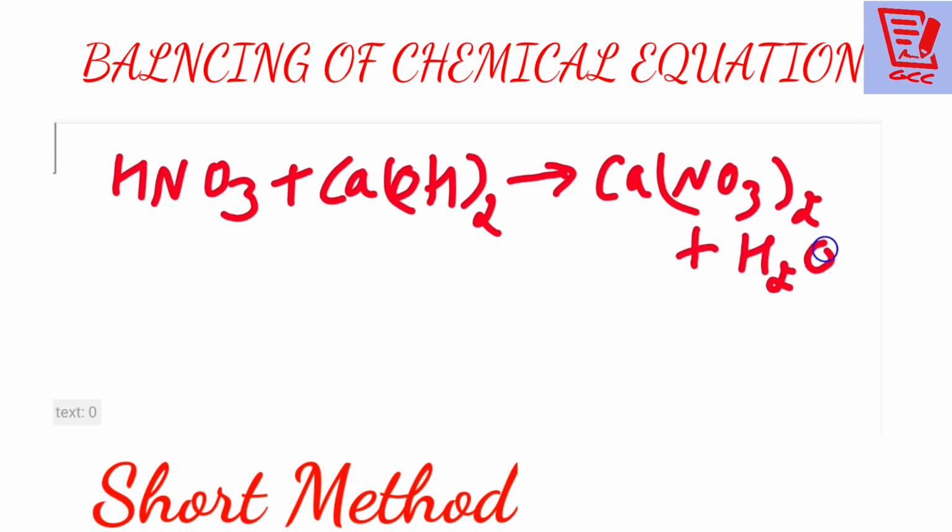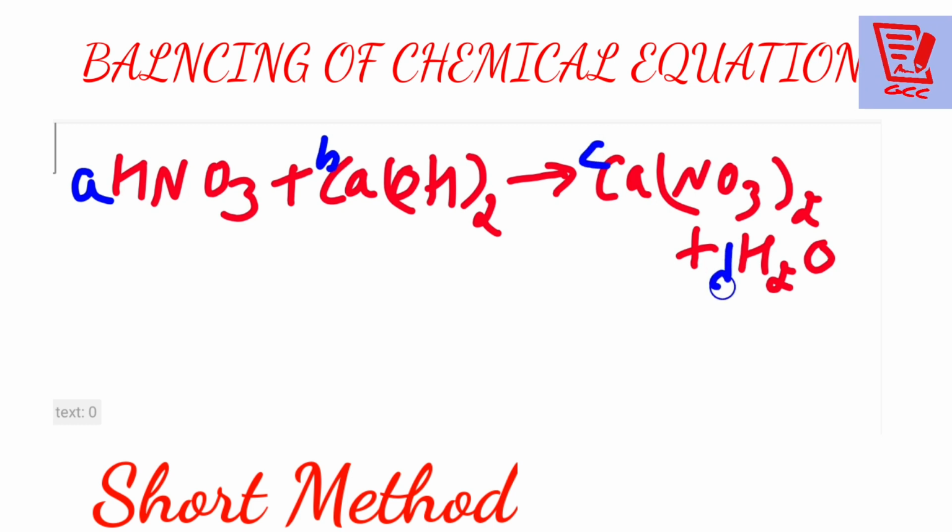Is that right? Now in this case, you see, all of you, as I told you the method previously, first of all we write everywhere here A, here in front of it B, here is C, and here is D. Am I right? Now first of all you see the hydrogen, beta. How many hydrogen is there in this side? Here is also hydrogen there. Yes or no?